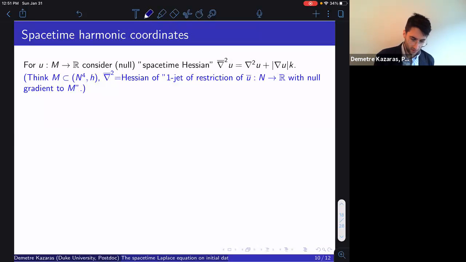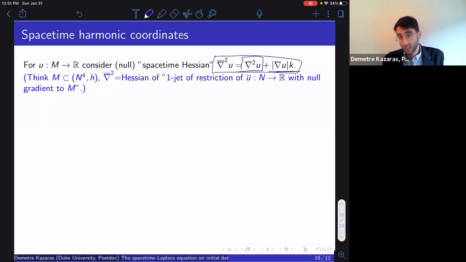So consider what we call a null space-time Hessian. Given some function, u, you can consider the symmetric 2 tensor given by the regular Hessian, but then plus an extra term which encodes k. Remember, k is supposed to be the difference between the connection on M and the connection on N, the Lorentzian manifold.